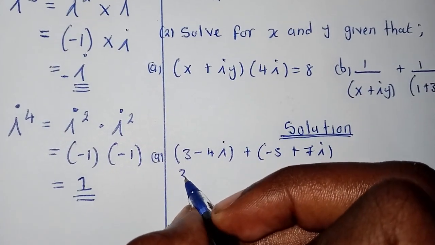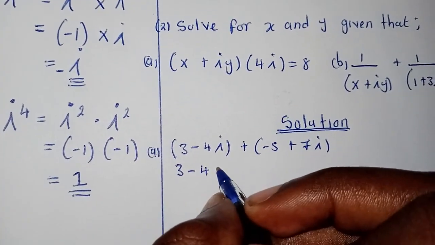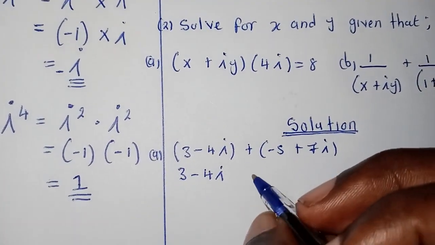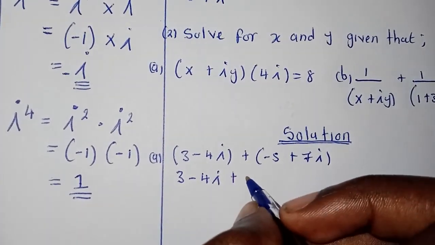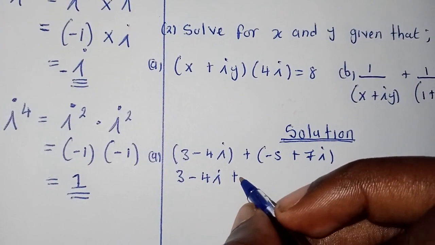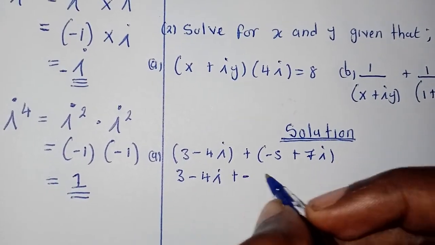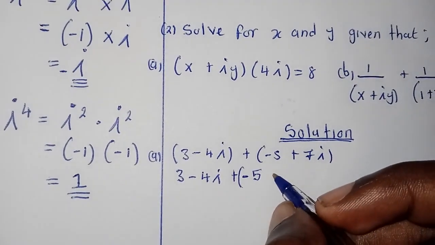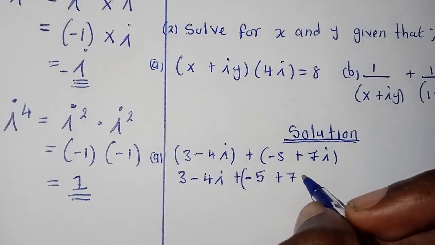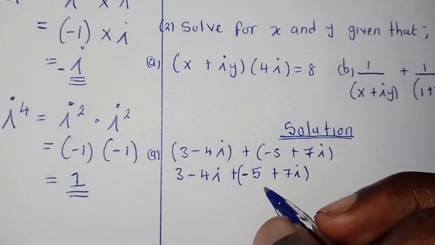So this is just the same as 3 minus 4i, plus, okay, this is just negative 5. Let me just put negative 5 here, sorry. This is plus 7i.